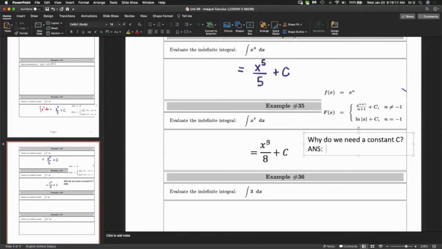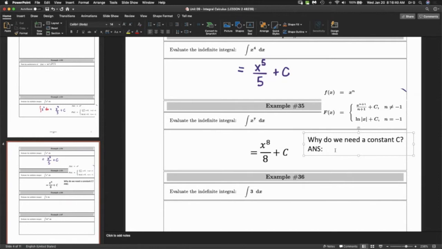When you take the derivative of this, it should get back to what you started, which was x to the 7. And as you know, the derivative of a number that's constant here, c, would be 0. So you can allow for an extra number here. So you got Sean and you got me there. Hopefully that makes more sense.